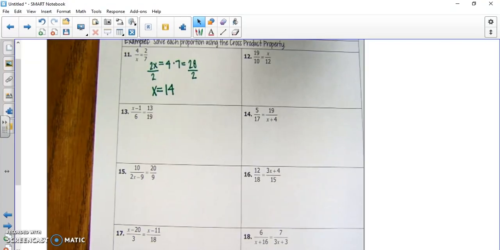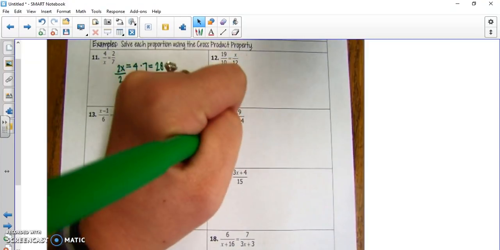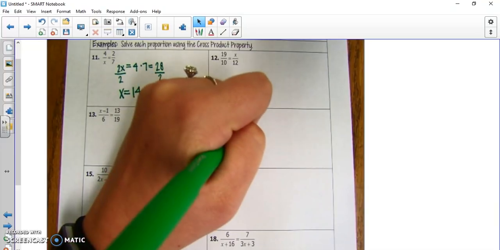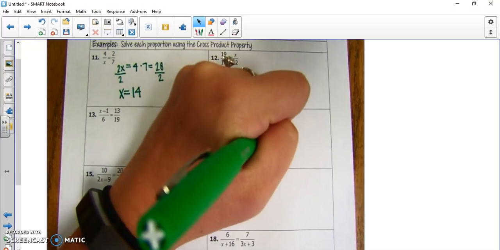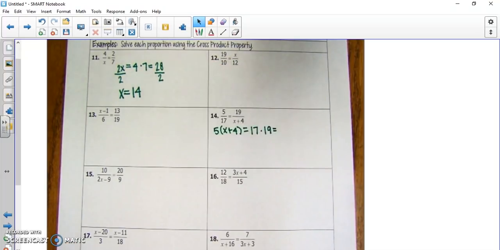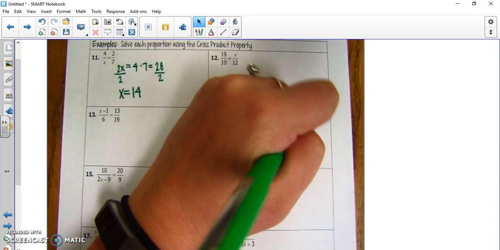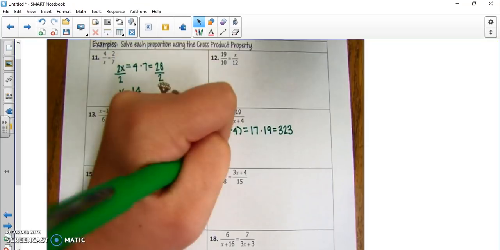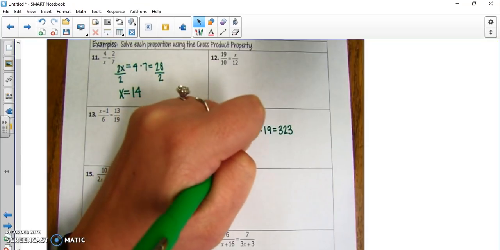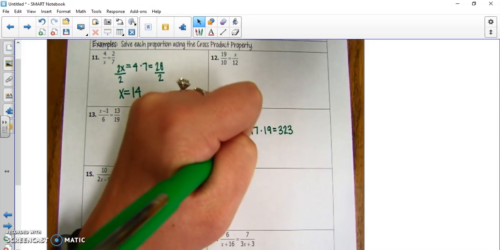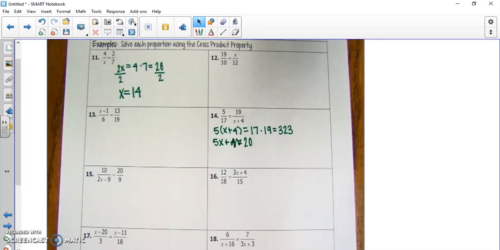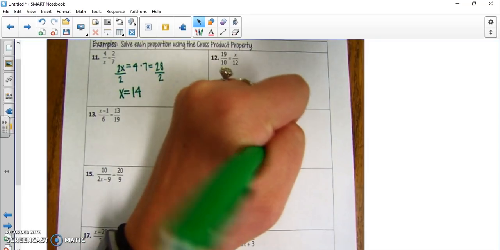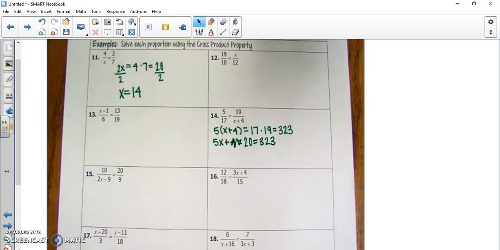So let's say we do number 14. So we're going to have 5 times x plus 4 is going to equal 17 times 19, which equals 323. So we're going to have 5x plus 4, nope, sorry, 5x plus 20 equals 323.